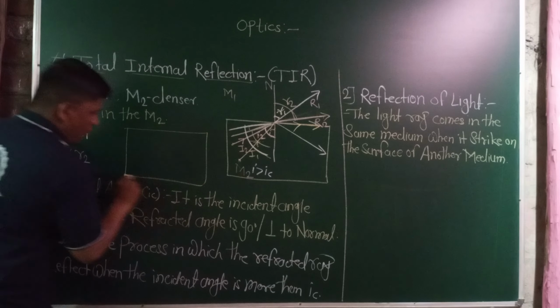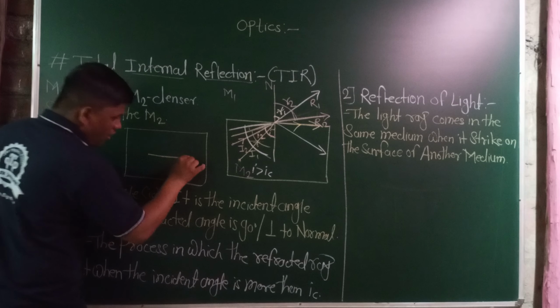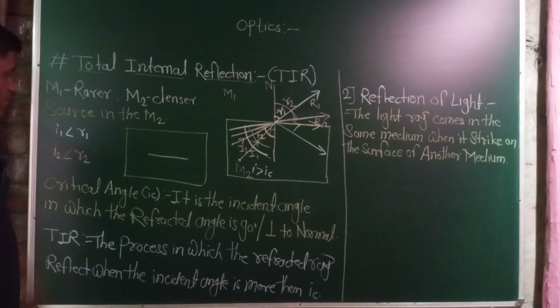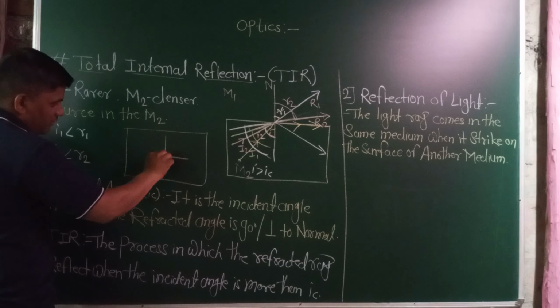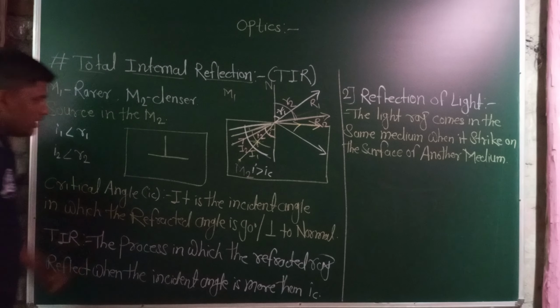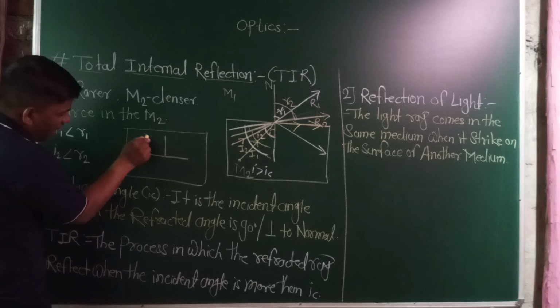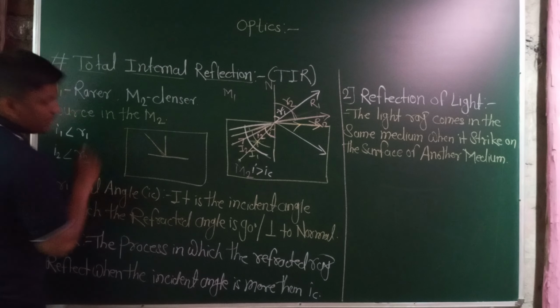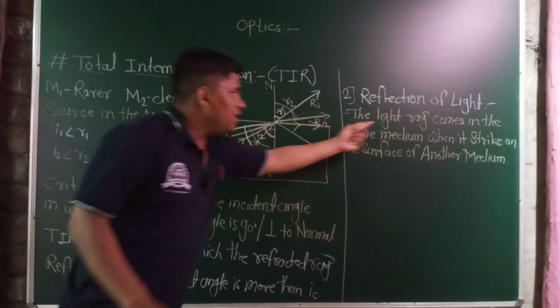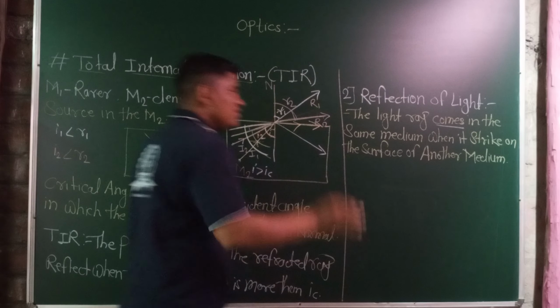Consider this the boundary of two different media. This is the normal, which is perpendicular to the surface of the medium. This is the incident ray. The light ray comes in the same medium.